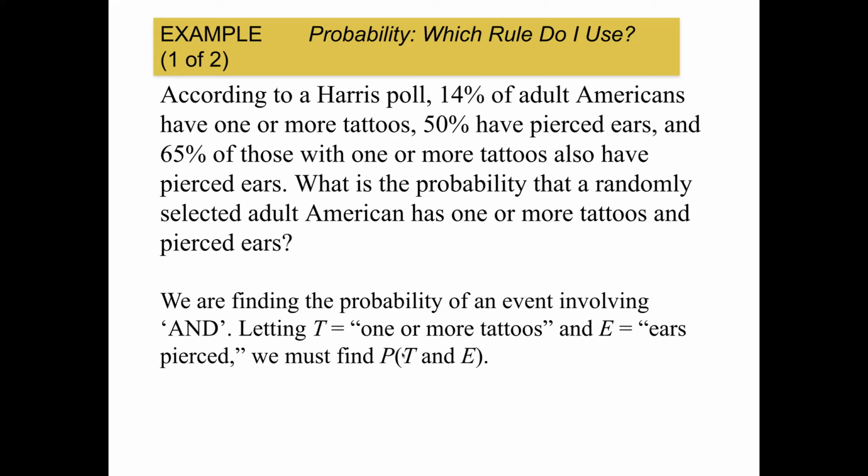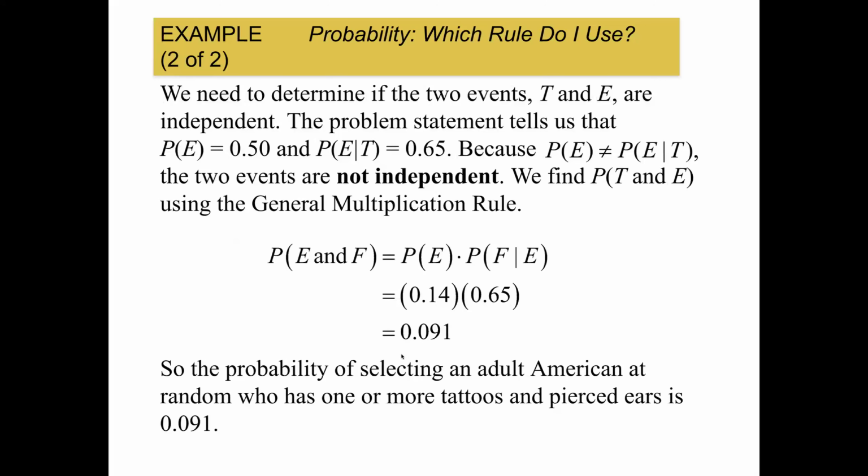These are two events, T and E, and we know it's and, so it's going to direct us to the multiplication rule. But we're not sure which one to use. We're not sure if they're dependent or independent. So that's the first clause here. We need to determine if they're independent or not. But we have this here, and we did this in the last lecture.